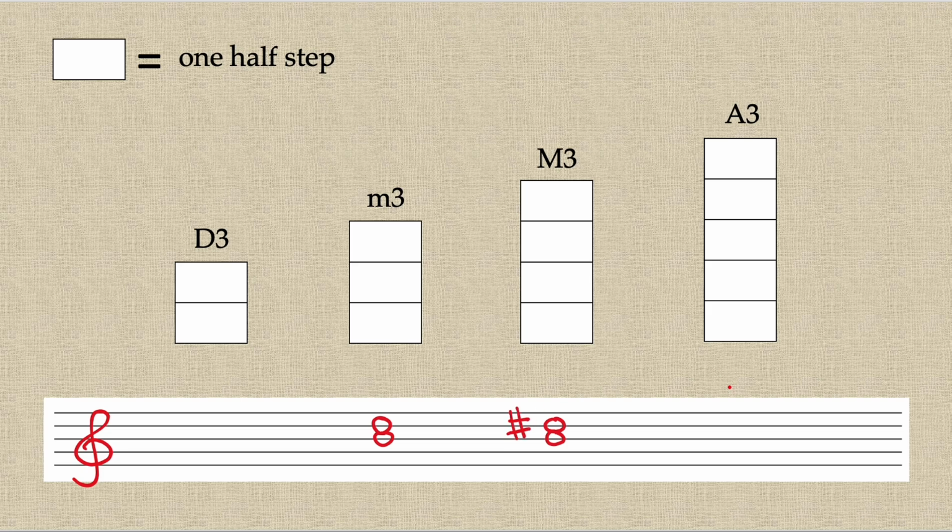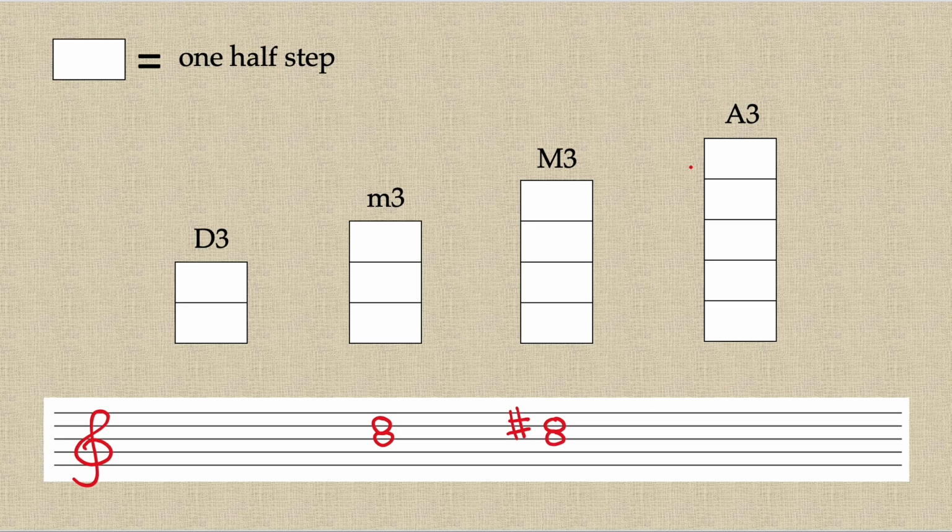B to D sharp is still a third because B to D, B, C, D. By adding the sharp to the D, now this interval has four half steps. That's why from B to D sharp is a major third. This is B and D. This is B and D sharp. It's a little brighter than a minor third.